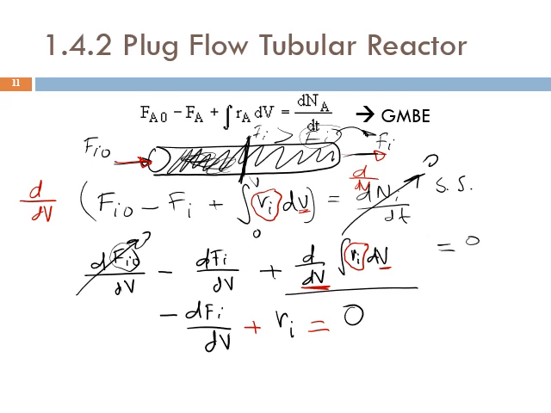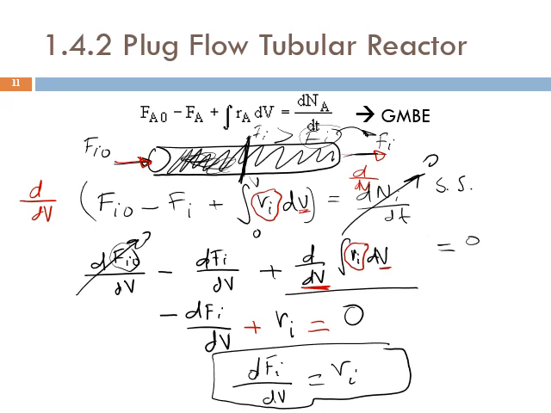Again, I can rewrite it: dFi by dV equals Ri. Again, the same equation that we derived using the other approach. That's the design equation of a plug flow reactor.